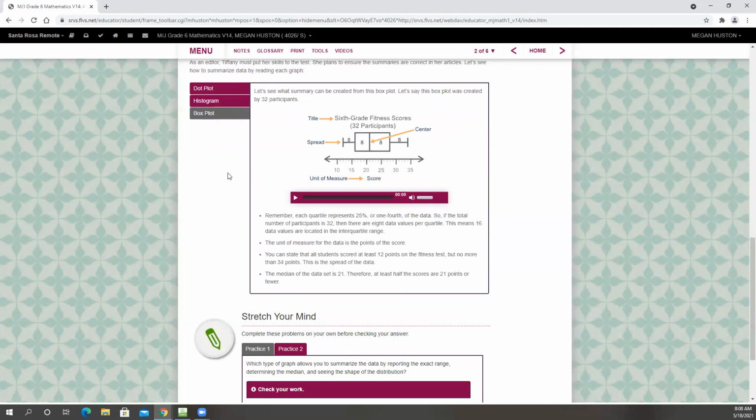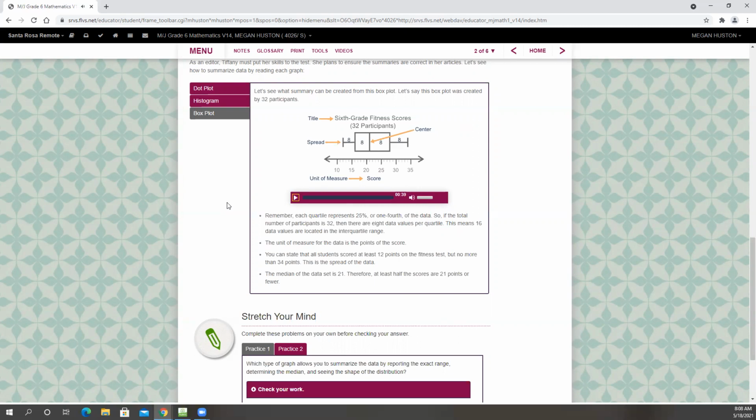Now we're going to look at the box plot, or the box and whisker plot.